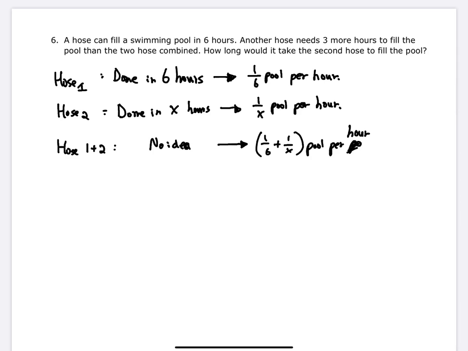The other way you want to think is this. This is the idea we want to think. The work done is the rate times time. Okay? So if you think about how much work is being done, if you look at hose number 2, based on that formula, it is 1 pool equal 1/X times time.